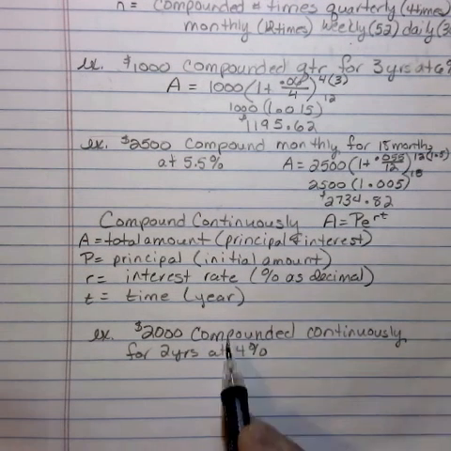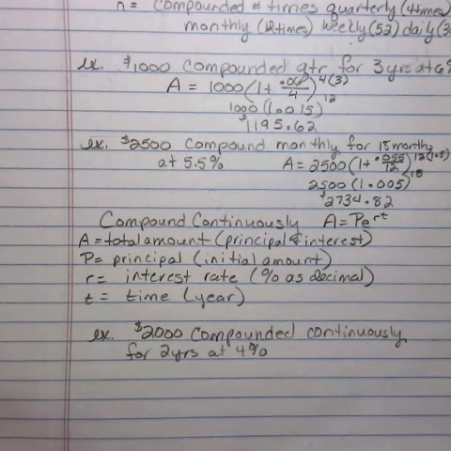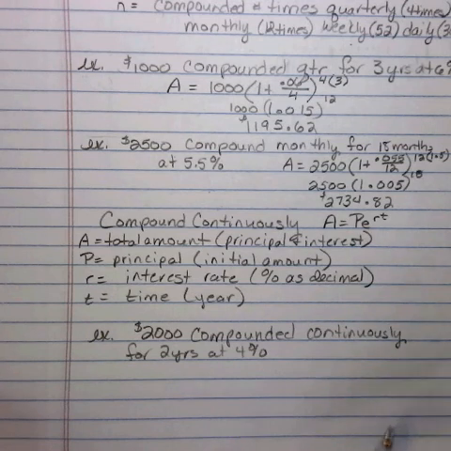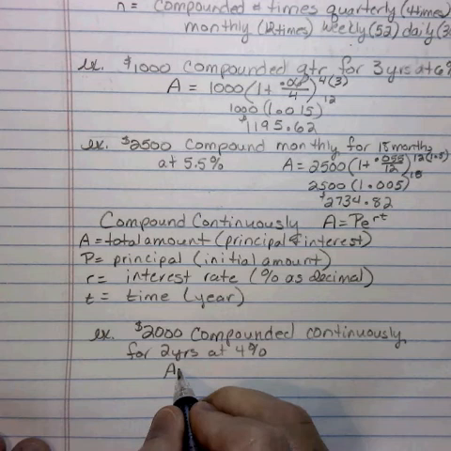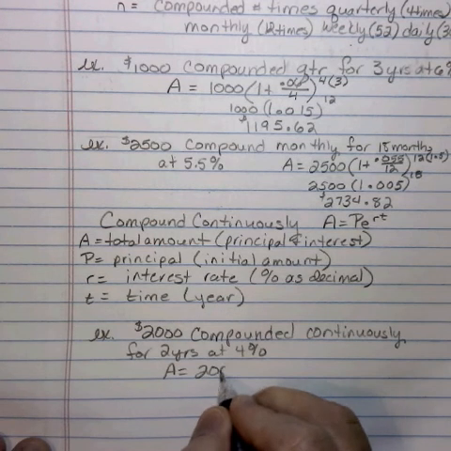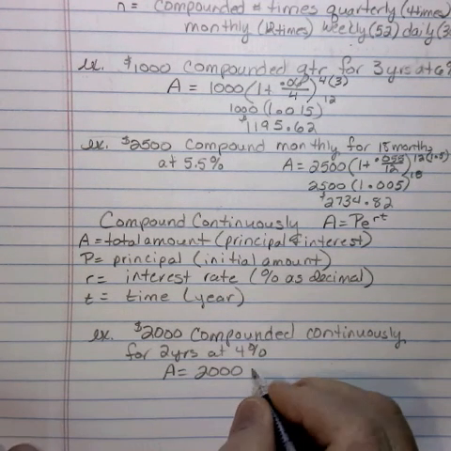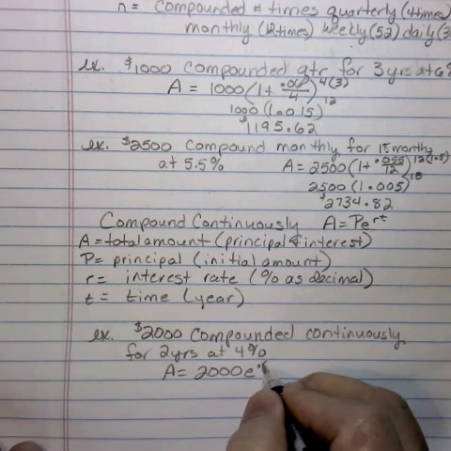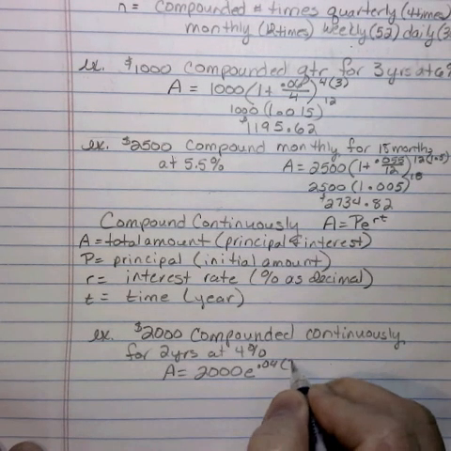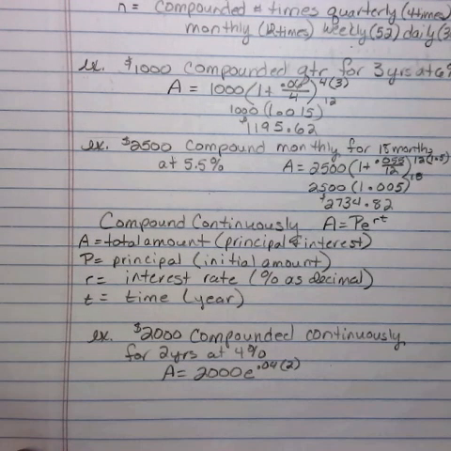So anytime it says compound it continuously, that's a clue to us to go to our Pert formula. So to set this up, we would have A equals 2,000 E, our interest rate, 0.04, our time for 2 years.